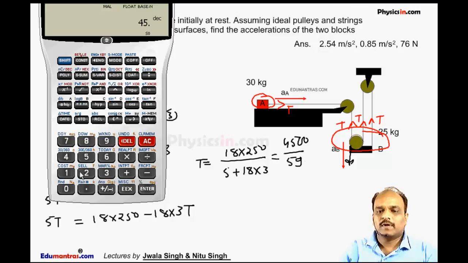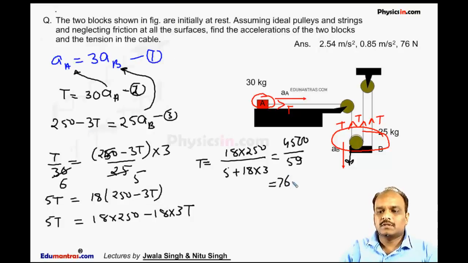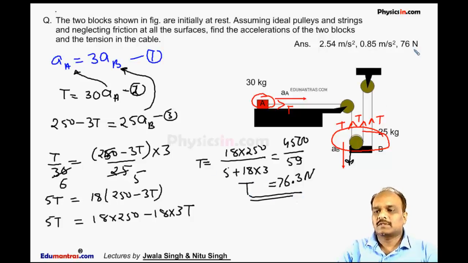So 4500 divided by 59 is equal to 76.3 Newton. This is the tension in the string. This is the first part of our answer. It is approximately written here as 76 Newton.